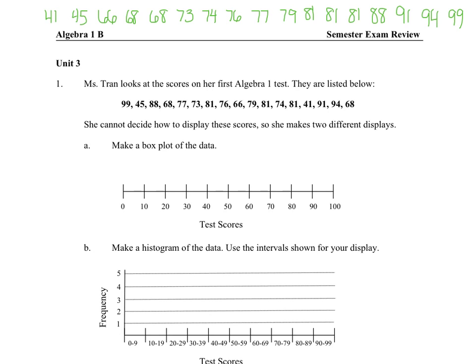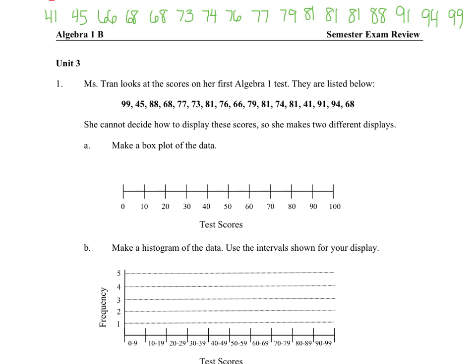Next, we need to find our 5 numbers: the lower extreme, the lower quartile, the median, the upper quartile, and the upper extreme. So the first thing I'm going to find is the median. We can find the median by crossing off the smallest and the highest, smallest and the highest. But I really don't recommend crossing off the numbers because you're going to have to use them for other things.